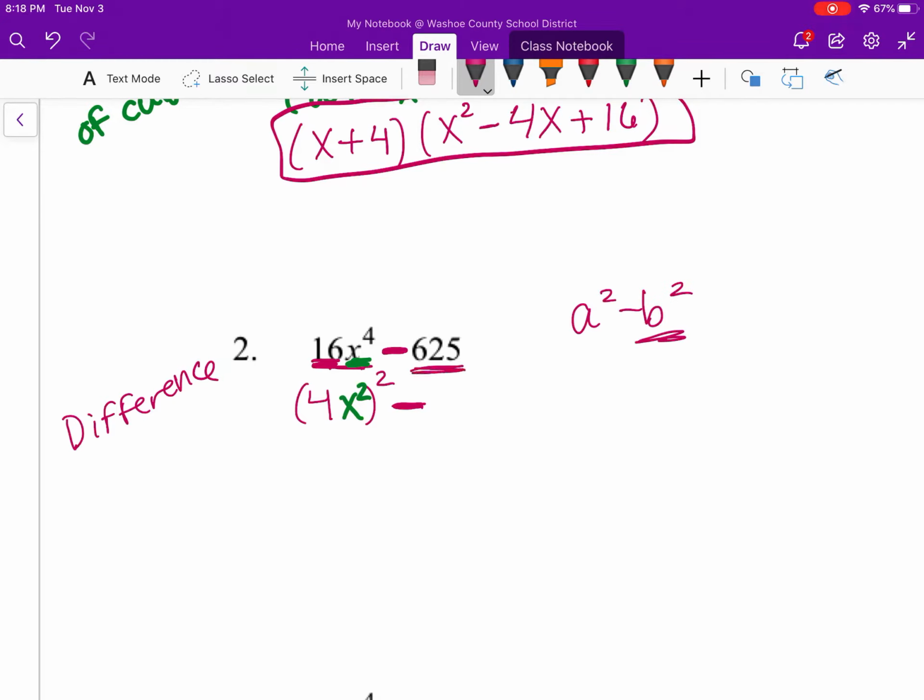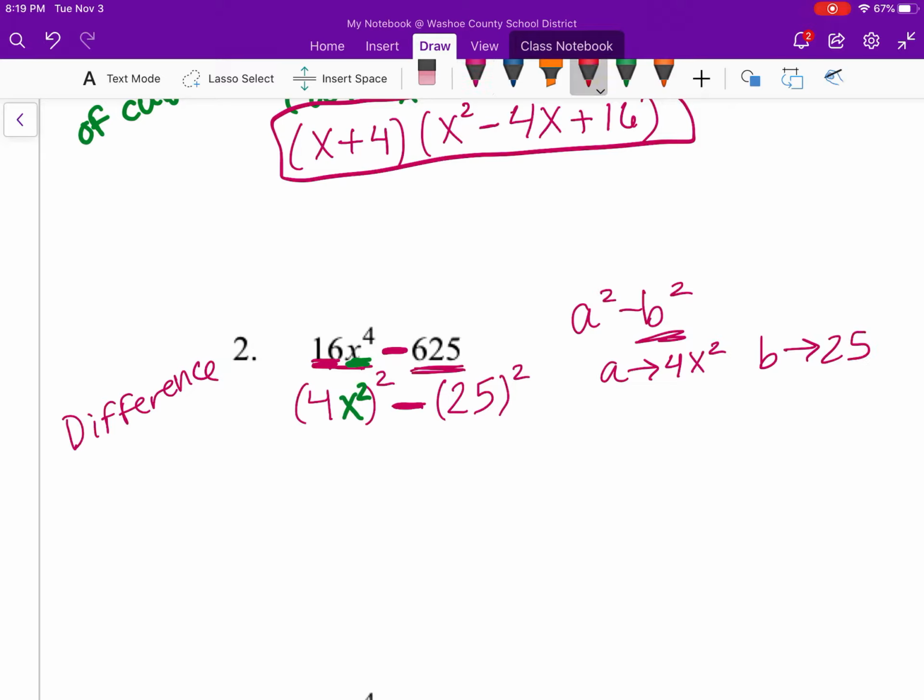So I'm here, my b squared. What number multiplied by itself? So what squared gives you 625? And hopefully you're thinking 25, okay? So in this case, your a is 4x squared, and your b is 25.